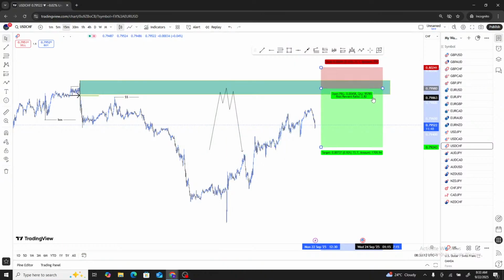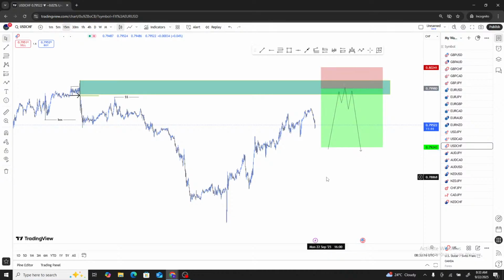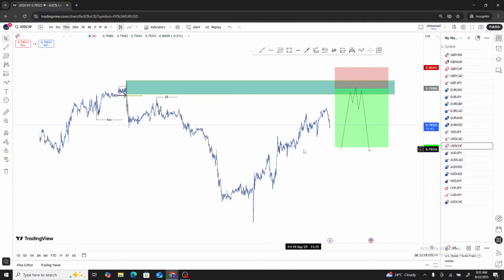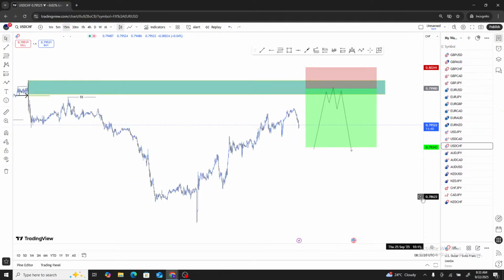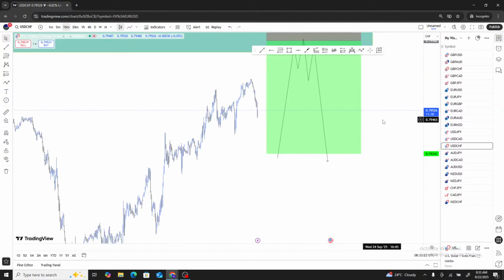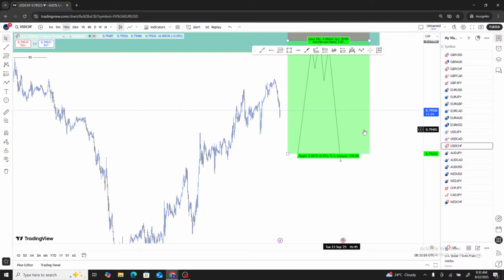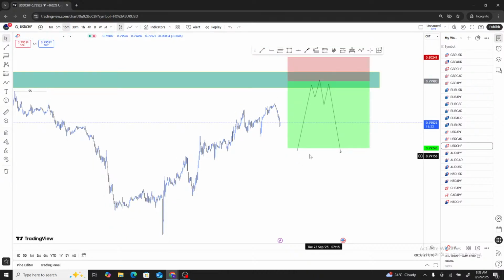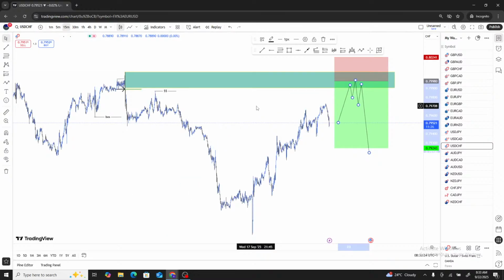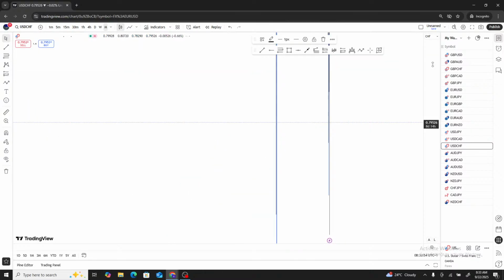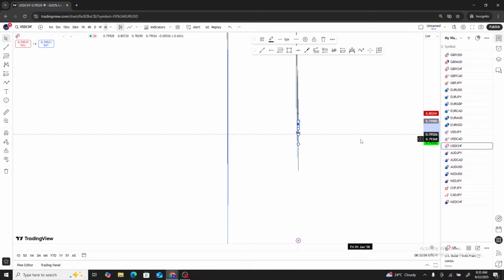It is one of our analyses from last week. What do we expect? We expect the same thing. Price moving to this other block. You can see that this thing has been selling.